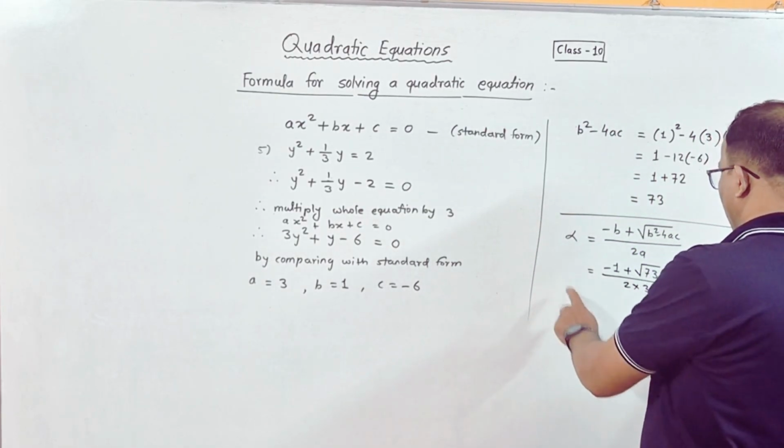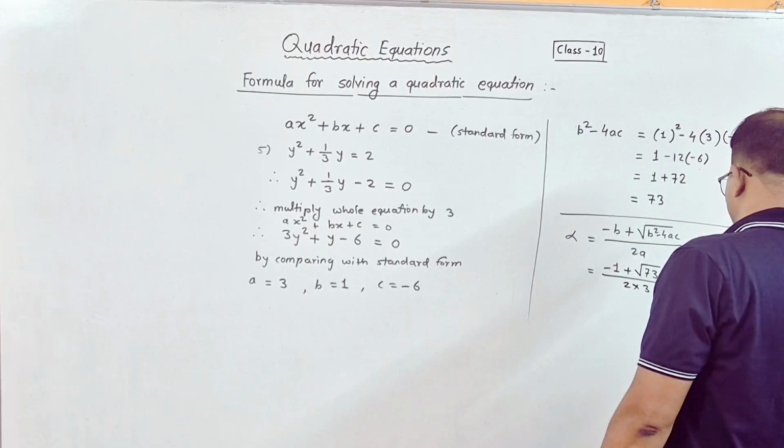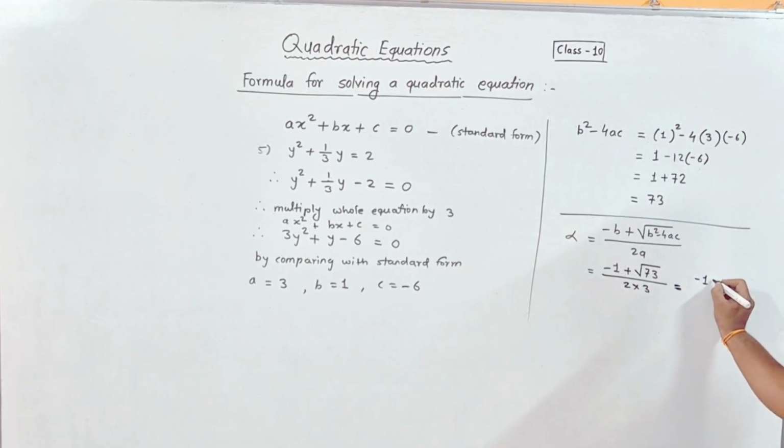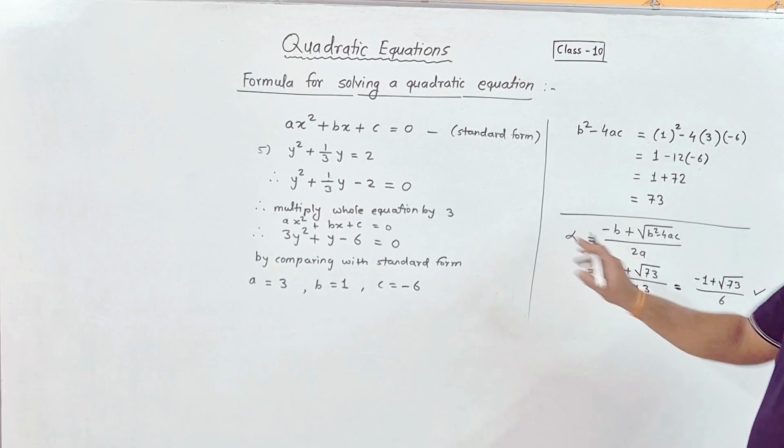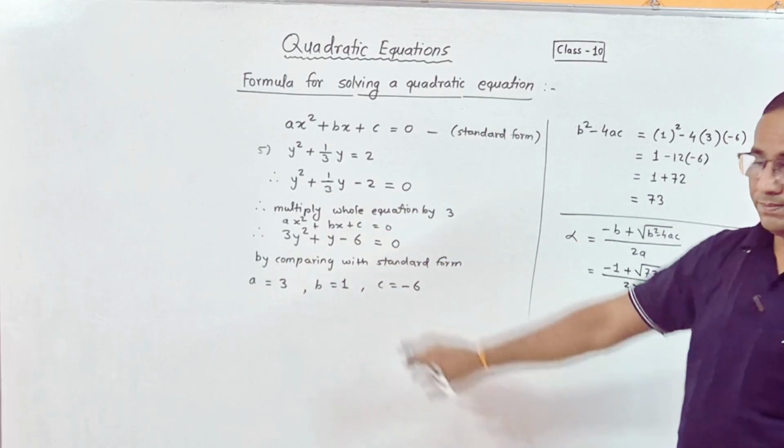Alpha, one of the roots, its value now will be minus 1 plus under root 73 upon 6, and this is our final answer. We cannot calculate further, so we have to stop here, and this is one of our roots of this equation.